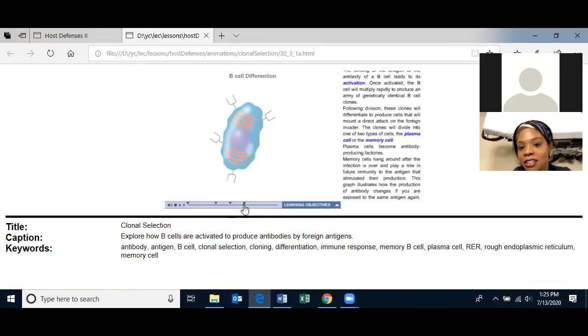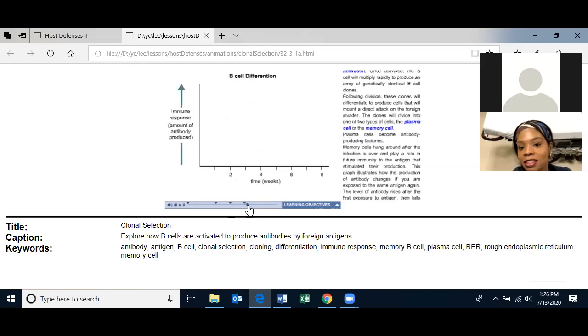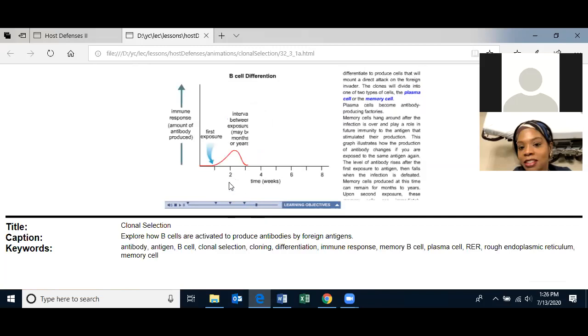We'll talk about later that some of these antibodies can even leave circulation and enter into the tissue. We'll talk about that in a little bit. The first time you're exposed to an antigen, your immune system, the B cells get activated, and then they'll respond and make a bunch of antibodies, and that'll defeat the pathogen, so it'll go away.